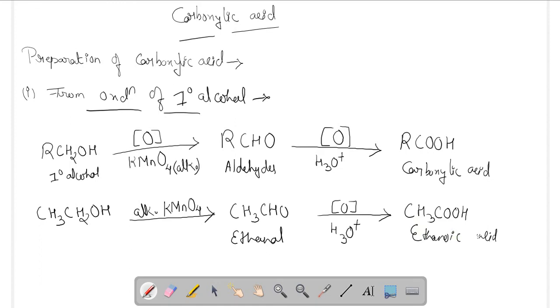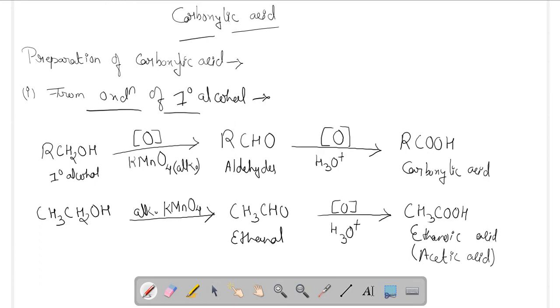We can't add one carbon by this method, so ethanoic acid, that is acetic acid, will be formed. So this is your first method for the preparation of carboxylic acid by oxidation of primary alcohols.